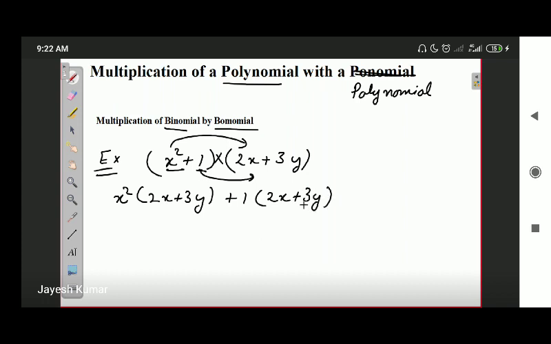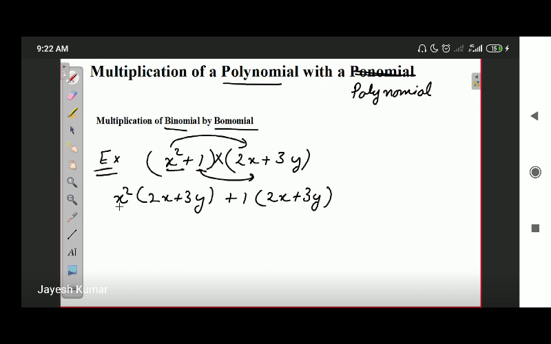So what is happening here is, we multiply the first term of the first bracket with the second bracket, after that the second term of the first bracket with the second bracket. In this manner, we reduce the binomials into monomials. Now we have done this already.